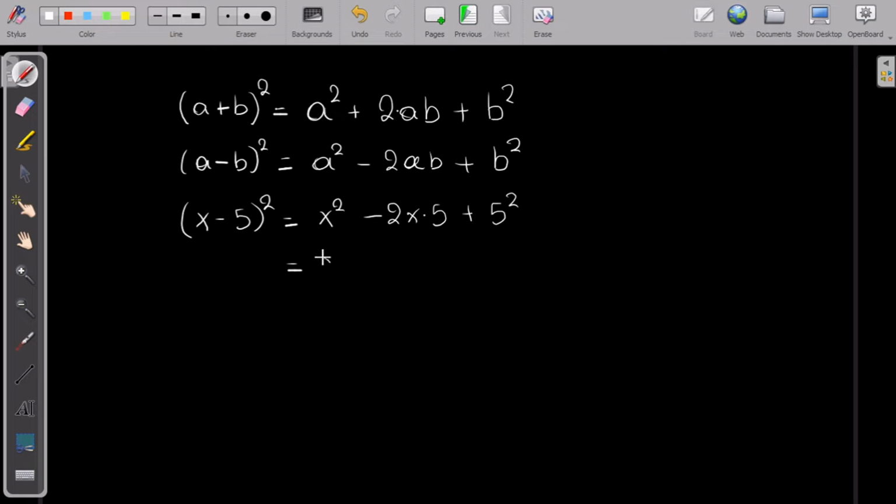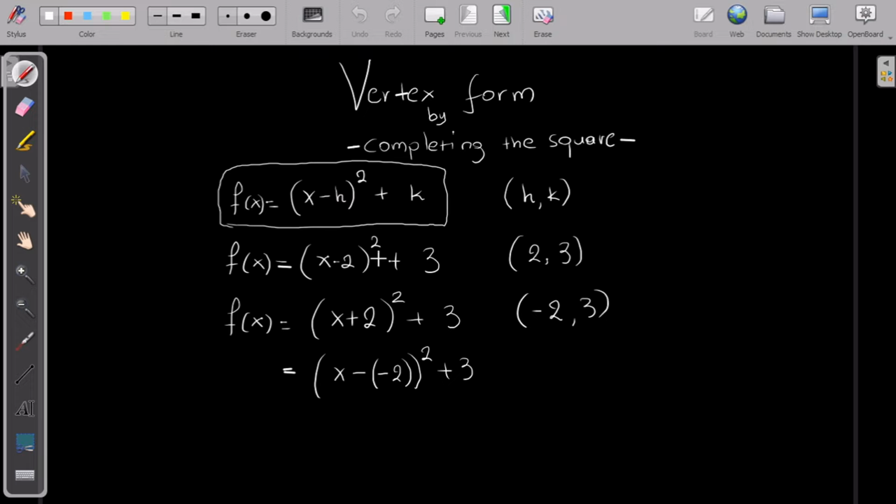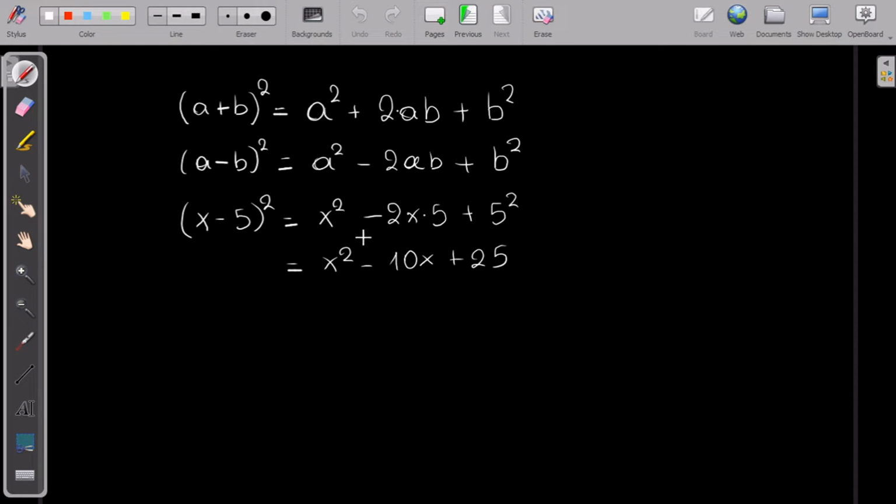So it is written x square minus 10x plus 25. Now they will give me this form of the square and I have to go back to this form. How will I do that?